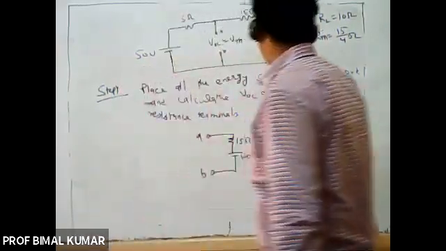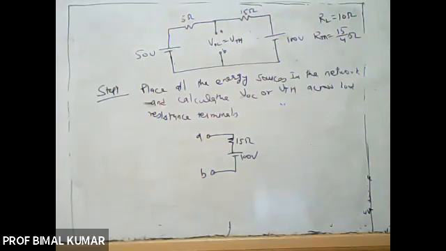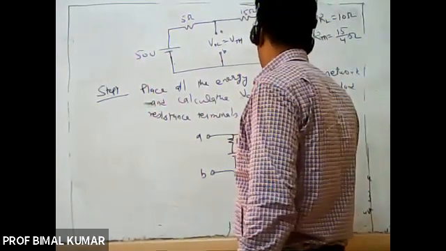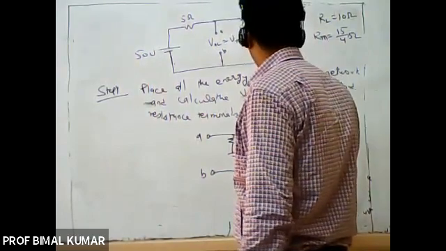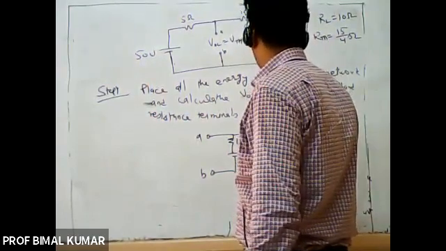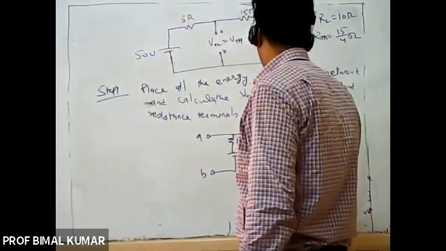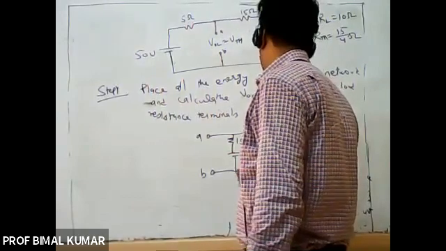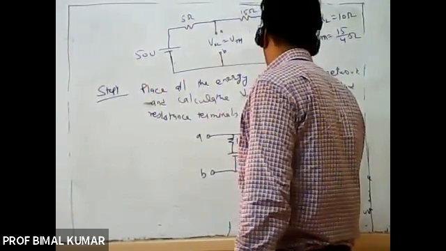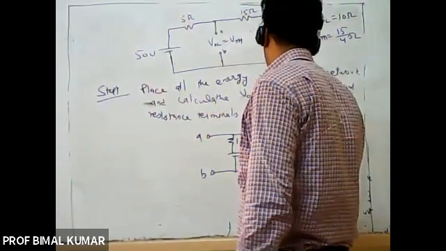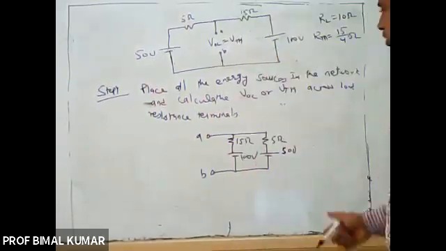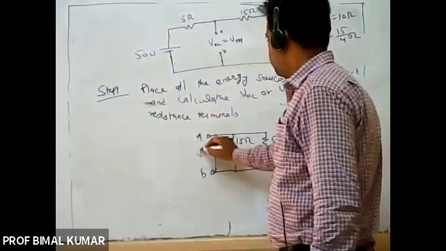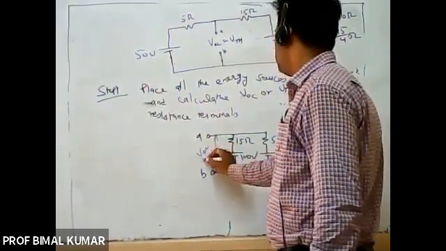Positive is towards the upward, towards A terminal. Then here it will be 5 ohm and 50 volt. So this is the network and here I will have to calculate VOC, and that will be equal to VTH.